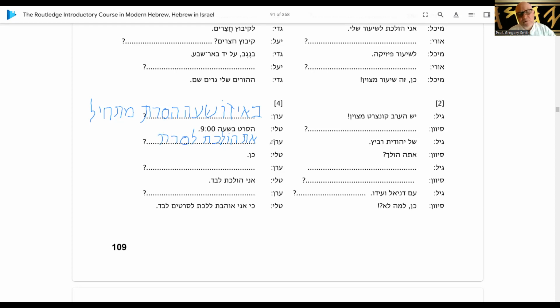Okay. Ori says At Holeket, and Tali says, Ken, yes, I'm going to the movie. Ori says blank, and Tali says Ani holeket levad, I am going alone. So the question would be, is anyone going with you?